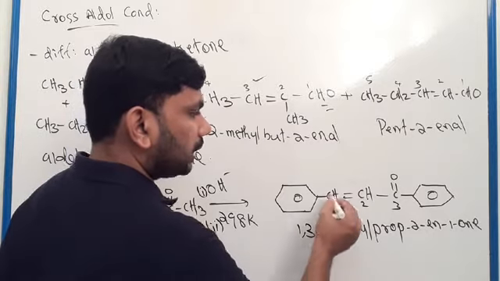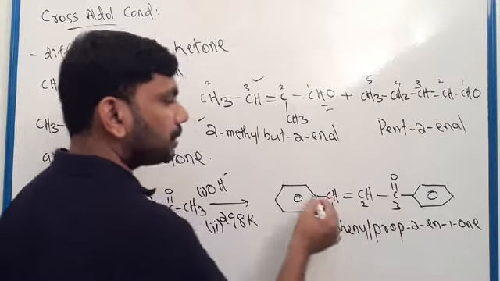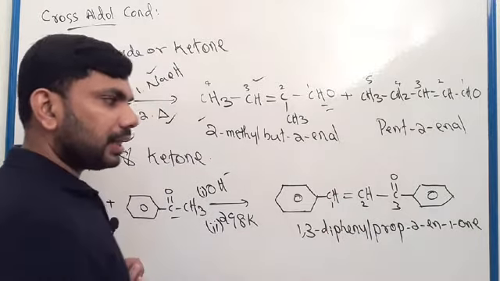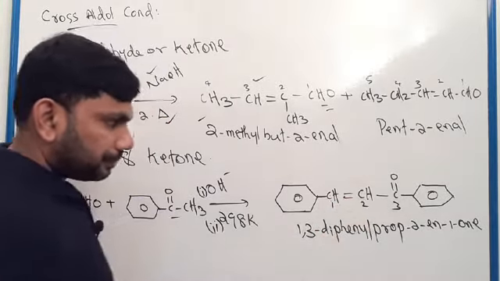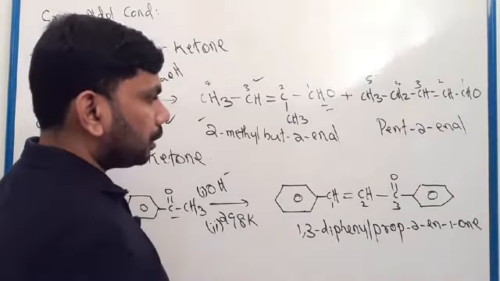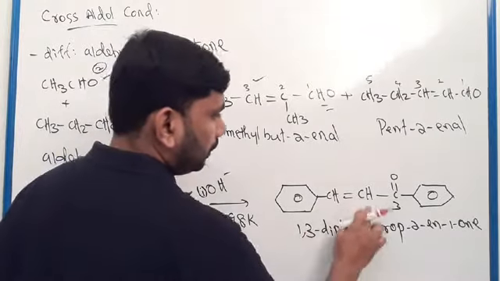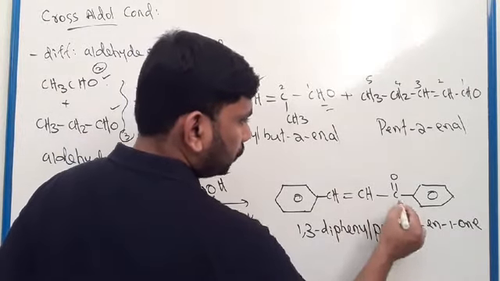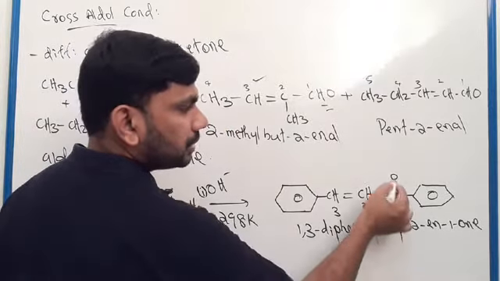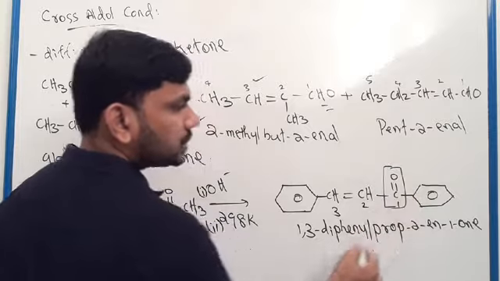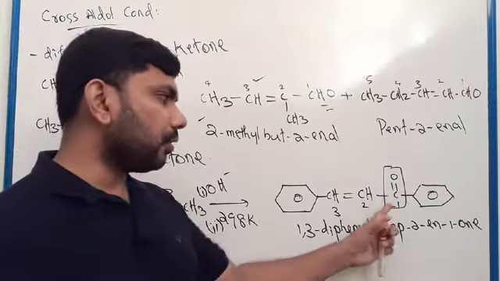And here there are 3 carbons, 1, 2, 3. At the first carbon and third carbon there is a benzene ring as a side chain, and at the first carbon there is a carbon-carbon double bond. So here we can give numbers from this direction, 1, 2, 3, because at the first carbon there is the carbon-oxygen double bond, the ketone functional group, so we have to give number 1 to this carbon.